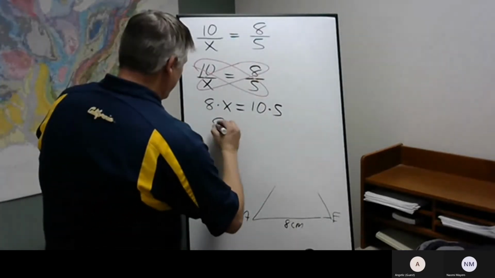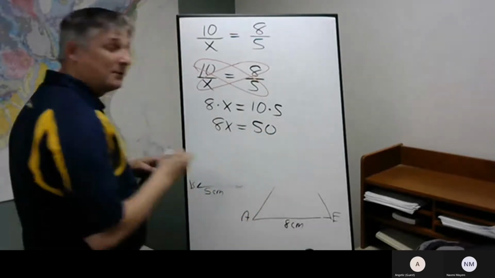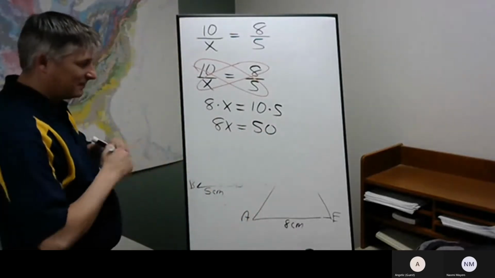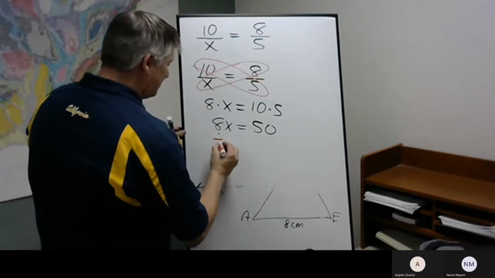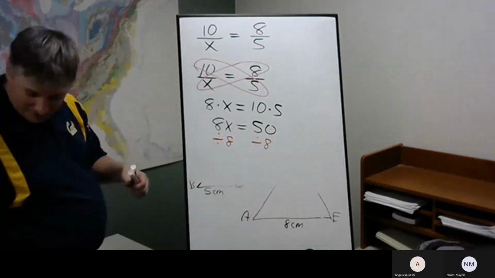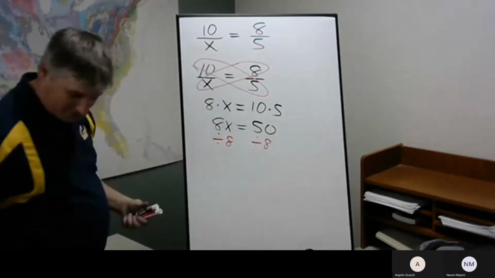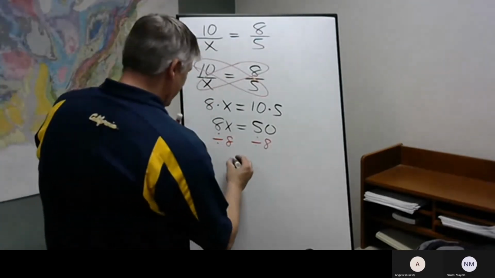That gives us 8x is equal to 50. Divide both sides by 8. We'll get x.